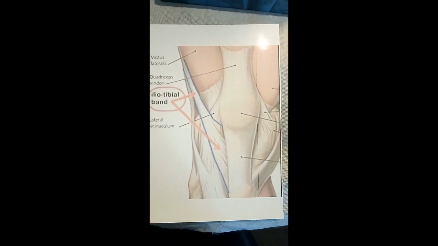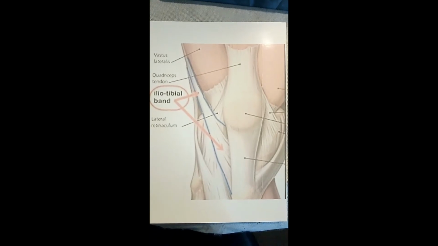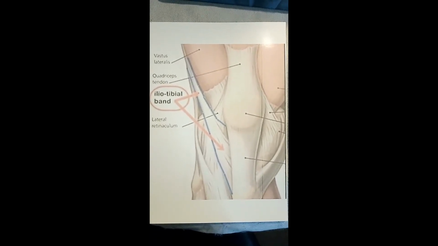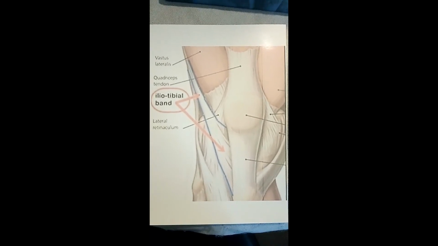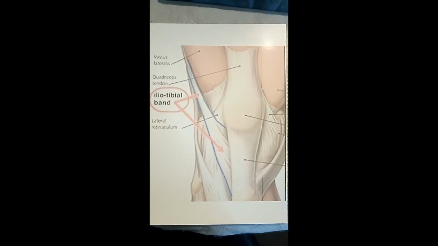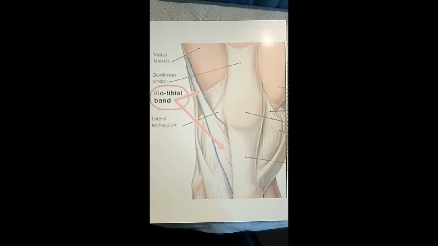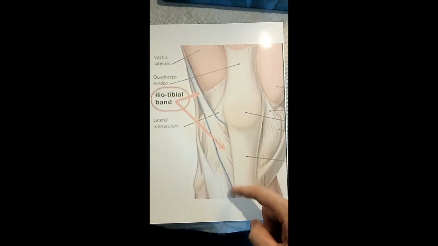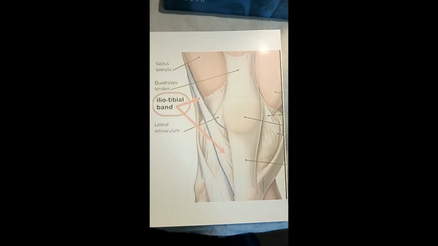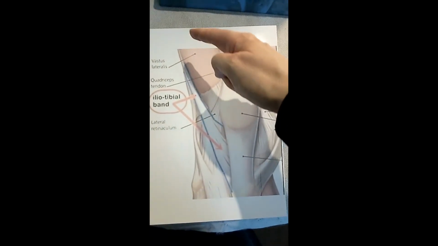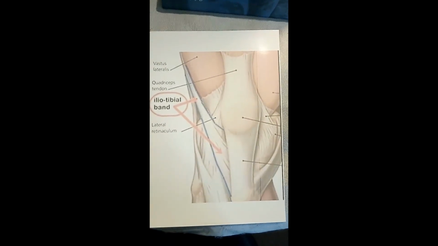As we've said, the IT band is a sheet of very thick connective tissue that forms from the gluteal muscles up around the hip, and it stretches from the top of the tibia, which is down here, and all along the outer thigh up the femur.